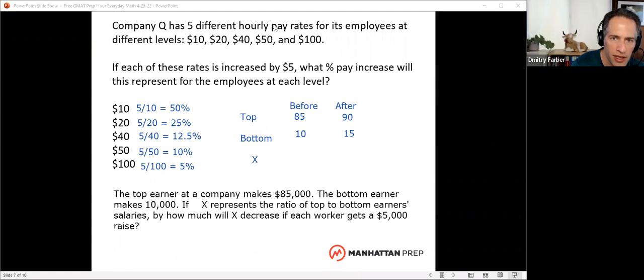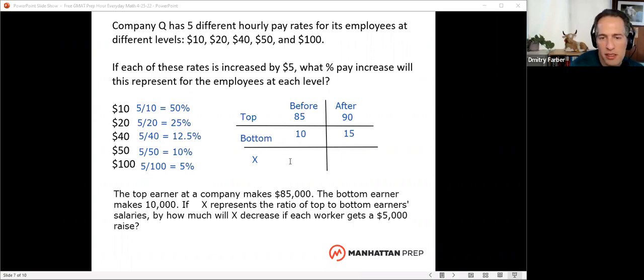And so I can just kind of track some of the stuff in here. Say, all right, if X is the ratio of top to bottom earner salaries, I'm not going to end up expressing it as a fraction necessarily. I could do 85 to 10. But if I'm going to subtract, I might just want to get this as a decimal. So I'll call this 8.5.